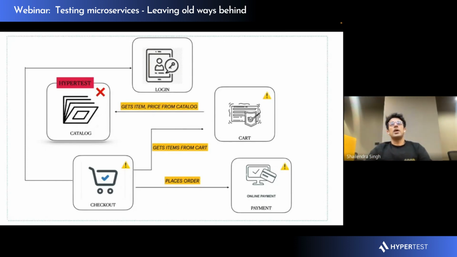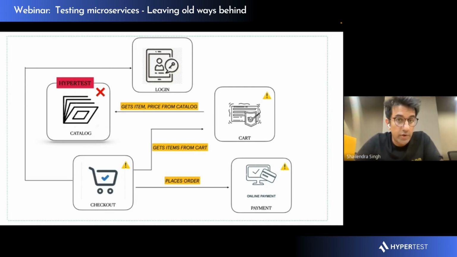So in summary, when you are in a microservices world, as I explained, the hardest thing about testing microservices is having the ability to test different communication between these services. And the usual approach teams take is building end-to-end tests. End-to-end tests are very difficult to write, very difficult to maintain.